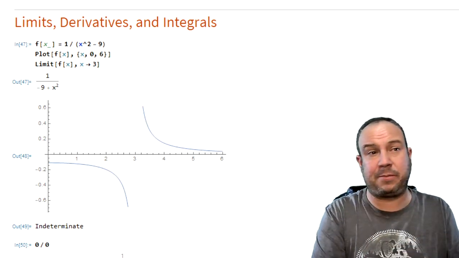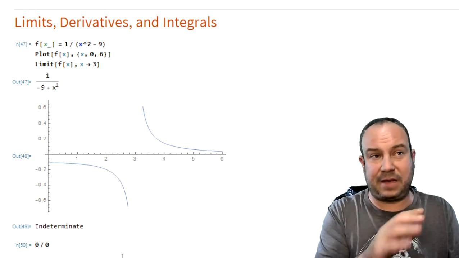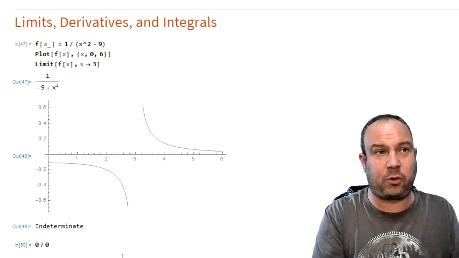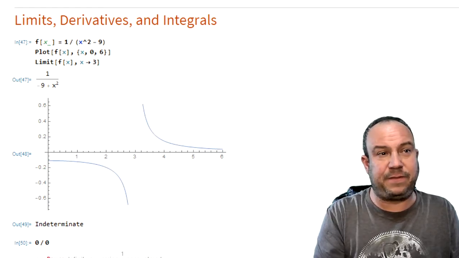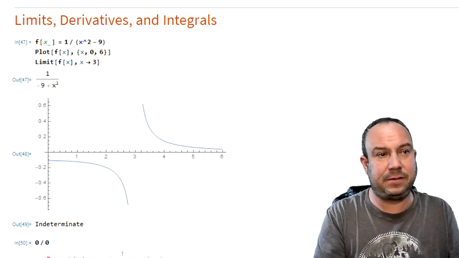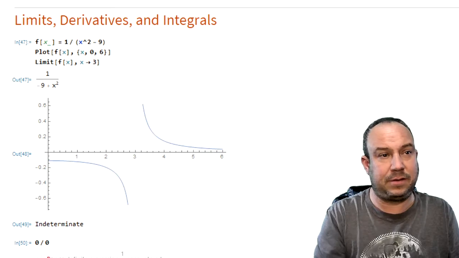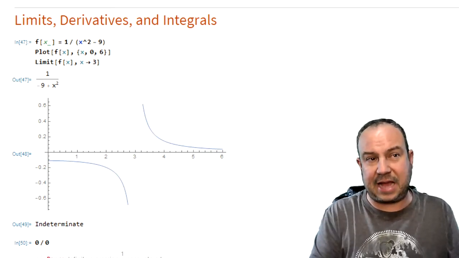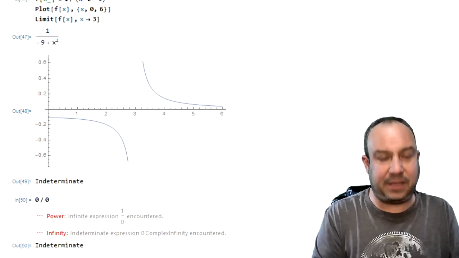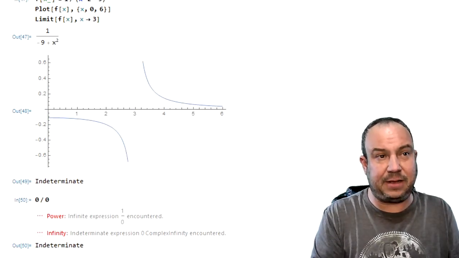We could have infinity divided by infinity. It'll tell me that's indeterminate. We can have infinity minus infinity.